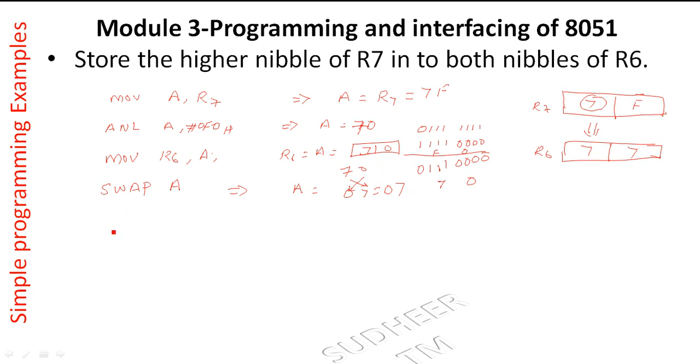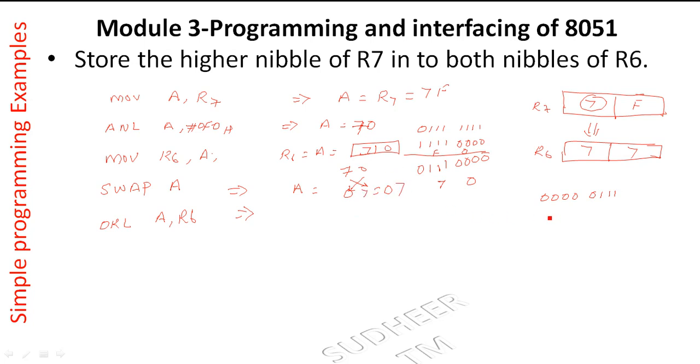For that we can do an OR operation between the accumulator and R6. So ORL A comma R6. Let us check what will happen. What is A now? A is 07: 0 is 0000, 7 is 0111. But now, what is the content of R6?